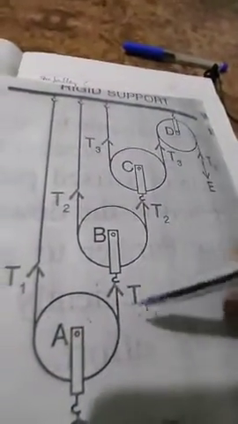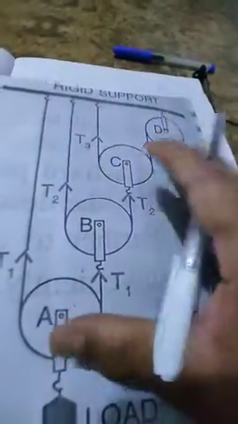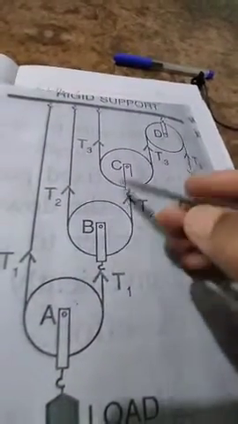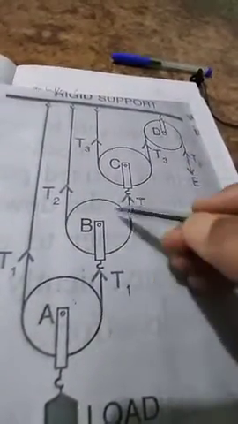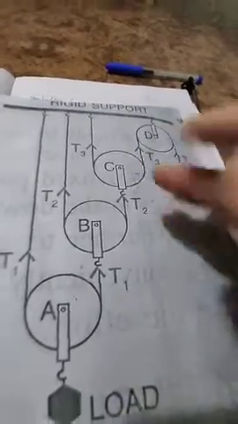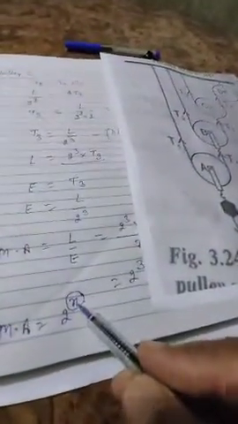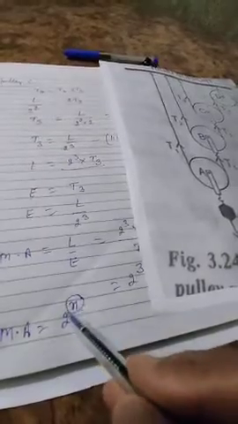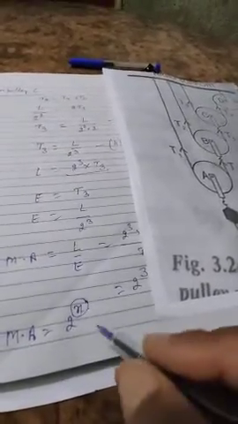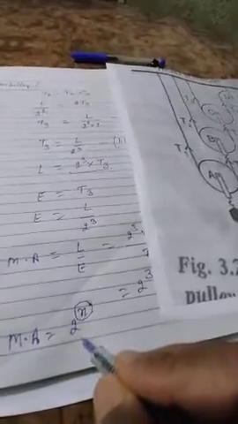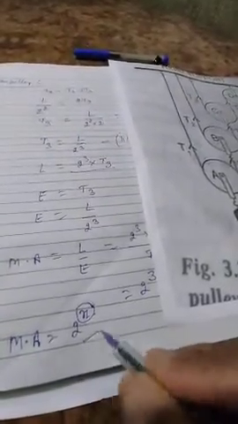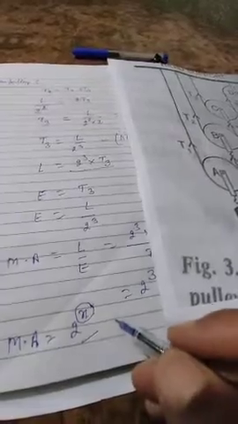So whenever this arrangement is there, the mechanical advantage of this arrangement depends upon the number of movable pulleys. And if the number of movable pulleys is 4, it is 2 raised to power 4, because n is the number of movable pulleys. So like this we can find the mechanical advantage of a combination of pulleys, using one fixed pulley and other movable pulleys. Now move to the next, the velocity ratio.